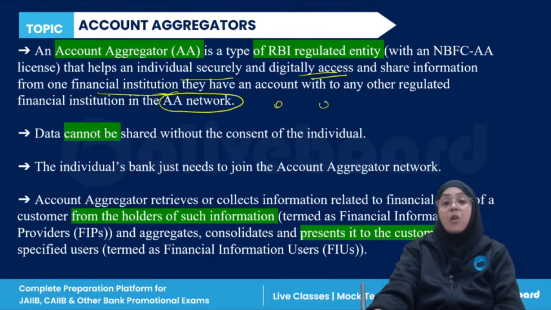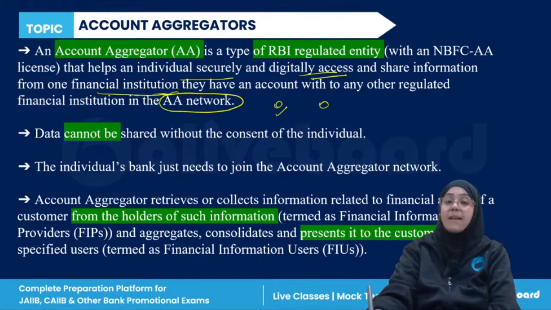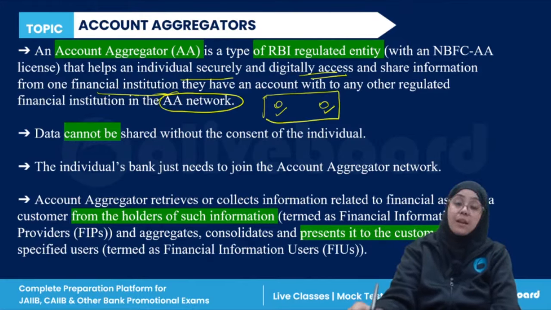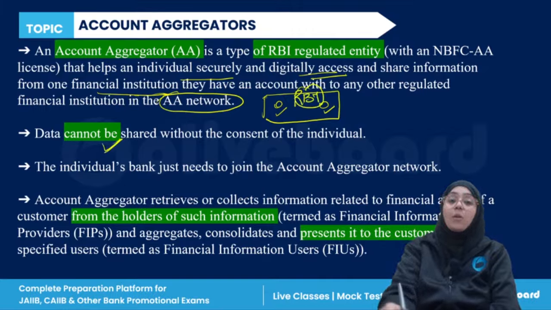So within that network there is sharing of information from one financial institution to another, but that should be within the AA network. This is known as account aggregator, and it is regulated by Reserve Bank of India. Here the data cannot be sent without the consent of the individual. Individual consent is very necessary.